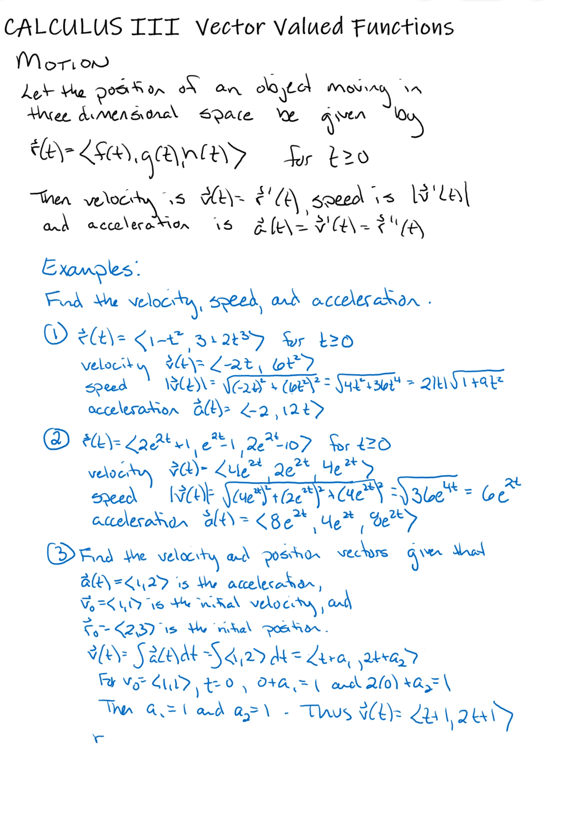So our position vector r is equal to the integral of the velocity. So we will integrate t plus 1 and 2t plus 1, which gives us 1/2 t squared plus t plus a constant, I'll call it b1, for the first component.